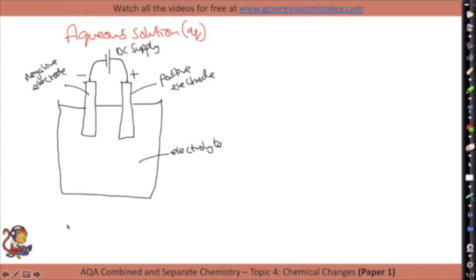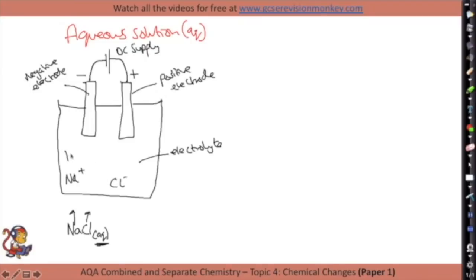So let's say for this example, we are doing the electrolysis of sodium chloride solution. So with sodium chloride, if you were to split that up, you would have two ions, sodium and chloride. But because it's in solution, it also means that you have the ions that are in water.